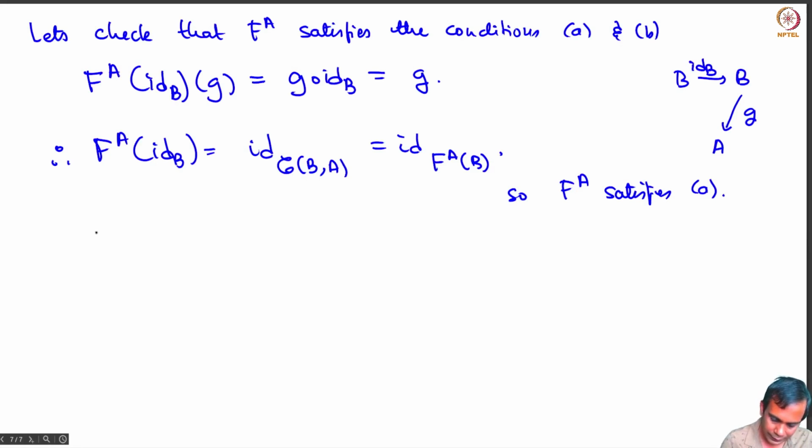So now the thing gets a little more complicated. We have B to C to D, we have 3 objects, and we have 2 morphisms.